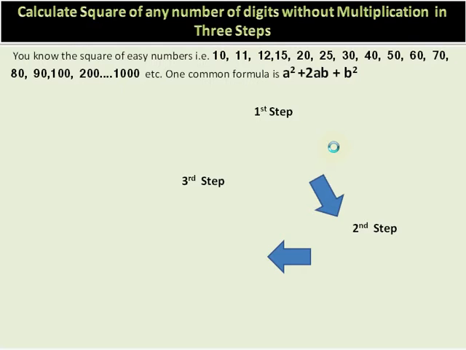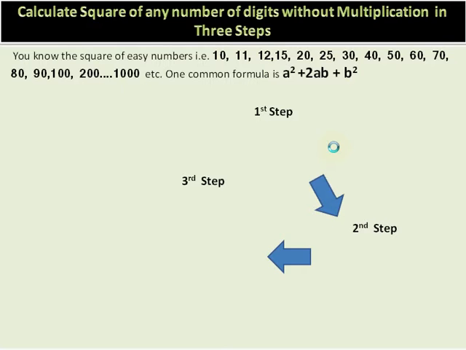Suppose you want to know the square of 12. In 12, what is a, what is b? 1 is a and 2 is b, and the formula begins from b square, not from a square. The square of 2 is 4.